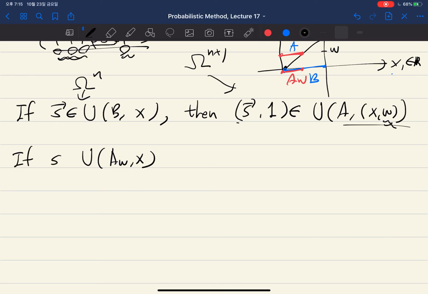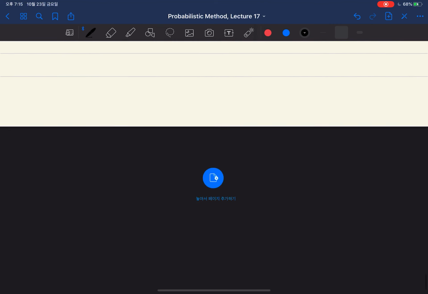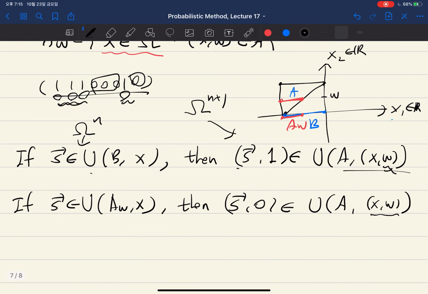And if S is in A sub W, X, then we know that if you append 0 at the last coordinate, then it's in the U set of this A, X, W, X, W here. So now we know about this and this.